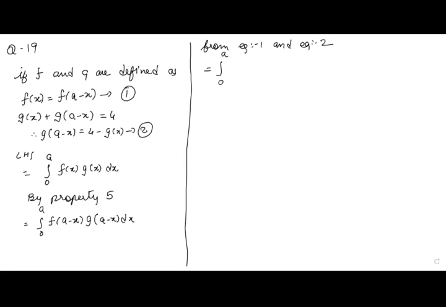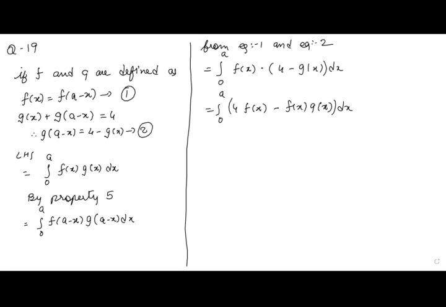f of a minus x is f of x, and from equation 2, g of a minus x is 4 minus g of x dx, right? So multiplying will give me 4 times f of x minus f of x into g of x.